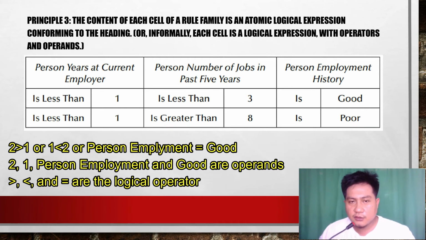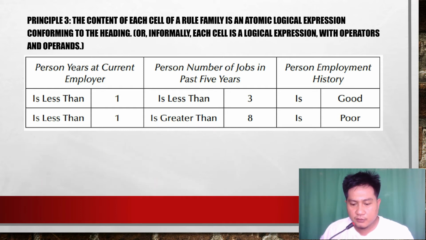So the content or the body should be composed of operators and operands. That makes a logical expression which conforms to the column label or the fact types or the heading. So with that we have a complete set of the structure of a decision model.